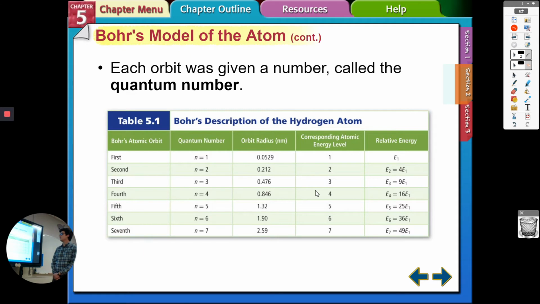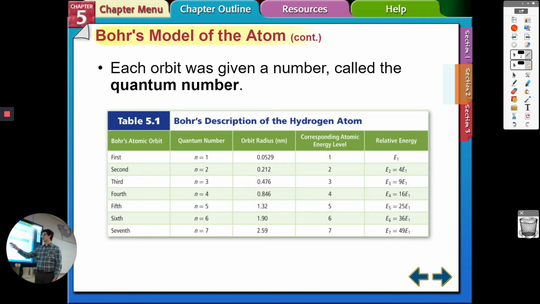So he called the energy level the quantum number. It's not quite technically true, but for now, we can think of the quantum number and the energy level as being the same thing. So as you can see, corresponding atomic energy level 1, 2, 3, 4, 5, 6, 7, quantum number 1, 2, 3, 4, 5, 6, 7.